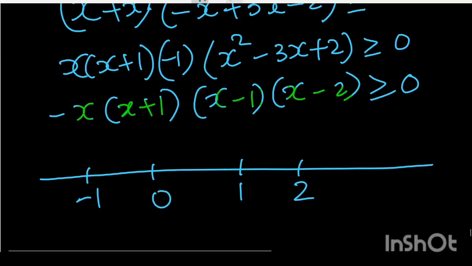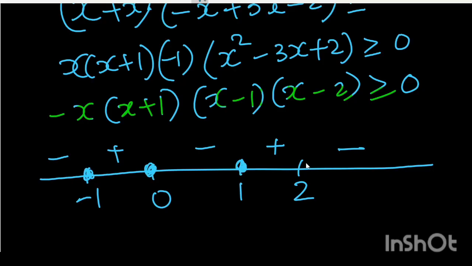And now since there is a minus sign here, minus x, in the rightmost interval which sign will we start with, guys? Yes, from the wavy curve method we will start with a negative sign instead of plus, and while moving leftward this becomes plus, then minus, then plus, then minus. The question is also asking for equality, so we will take all the zeros in our solution set: minus 1, 0, 1 and 2, and then the question is asking for the plus sign.